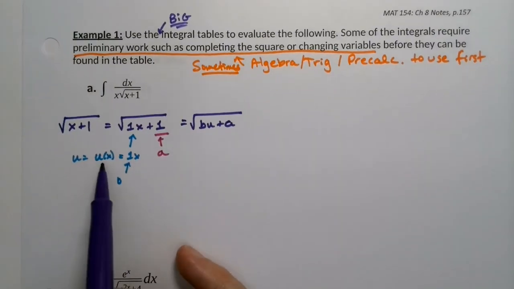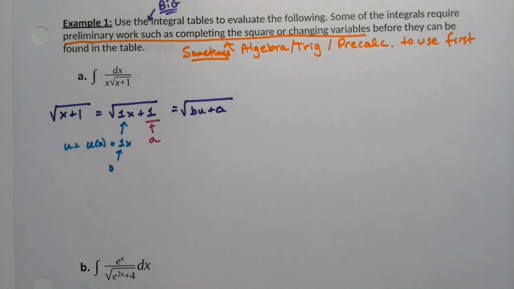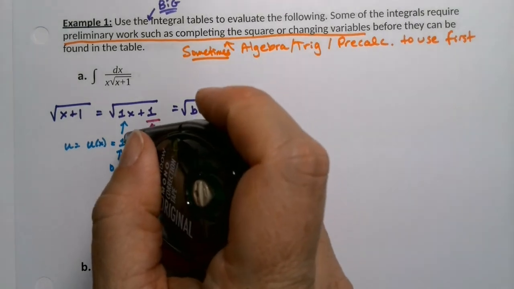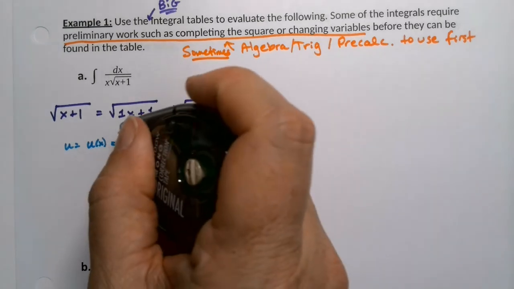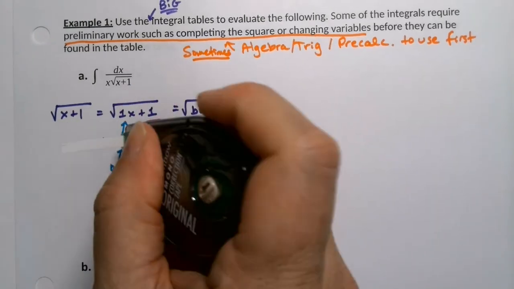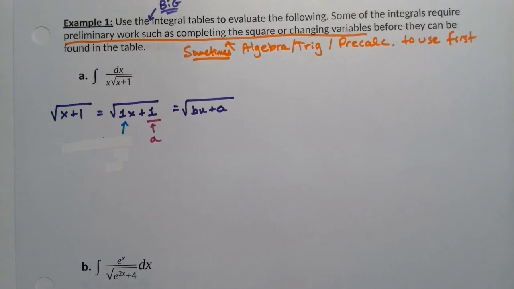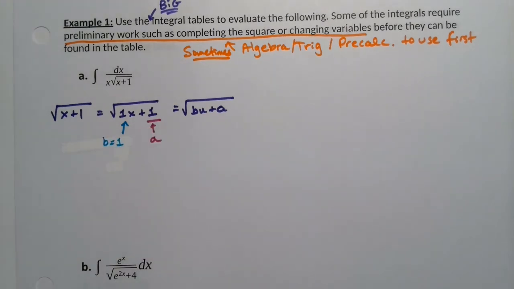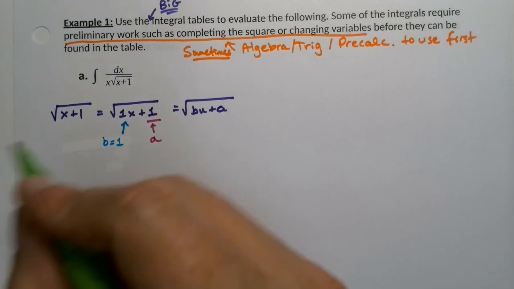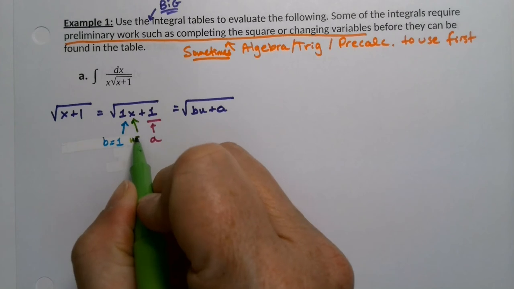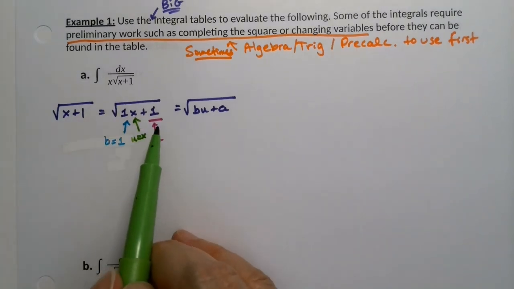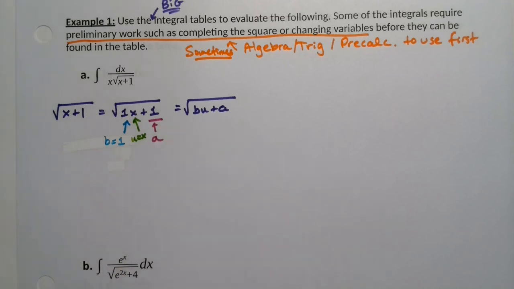So I'm going to say b is 1, a is 1, and x is going to be my u. So bu plus a, that works better.